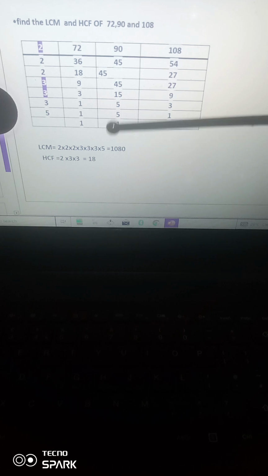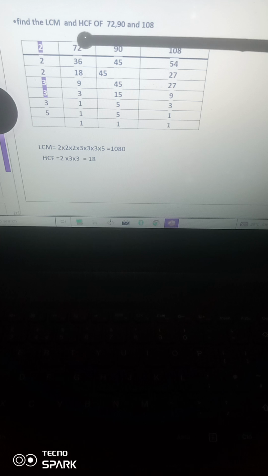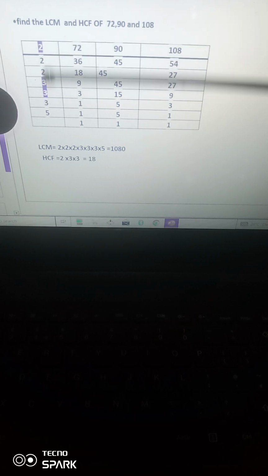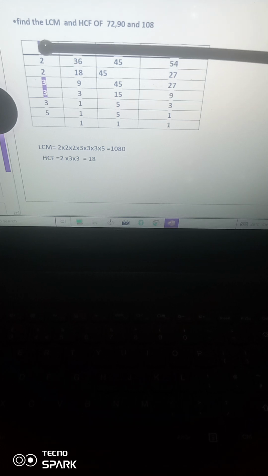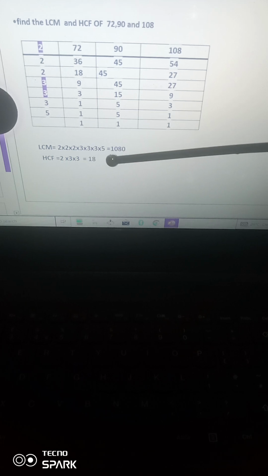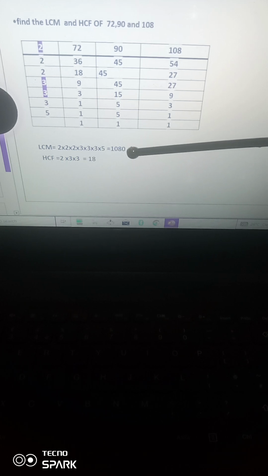The least common multiple, or the lowest common multiple, is the product of the prime numbers, which is 2 times 2 times 2 times 3 times 3 times 3 times 5, which is 1080.